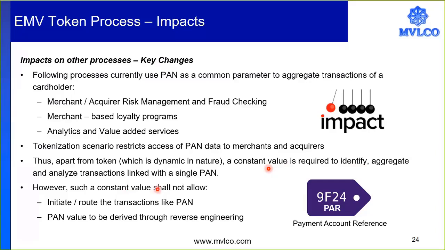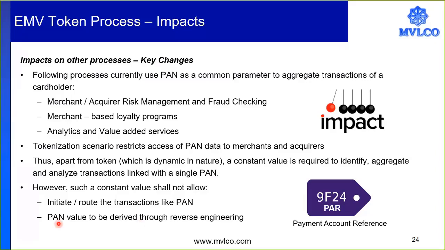So then this constant value shall not allow me to initiate a transaction or route the transaction like I was able to do with the PAN. And I would create this constant value in such a manner that I should not be able to trace it back to the PAN as an ordinary person. So only the trusted entity who generated this data would be able to link it back with the PAN.